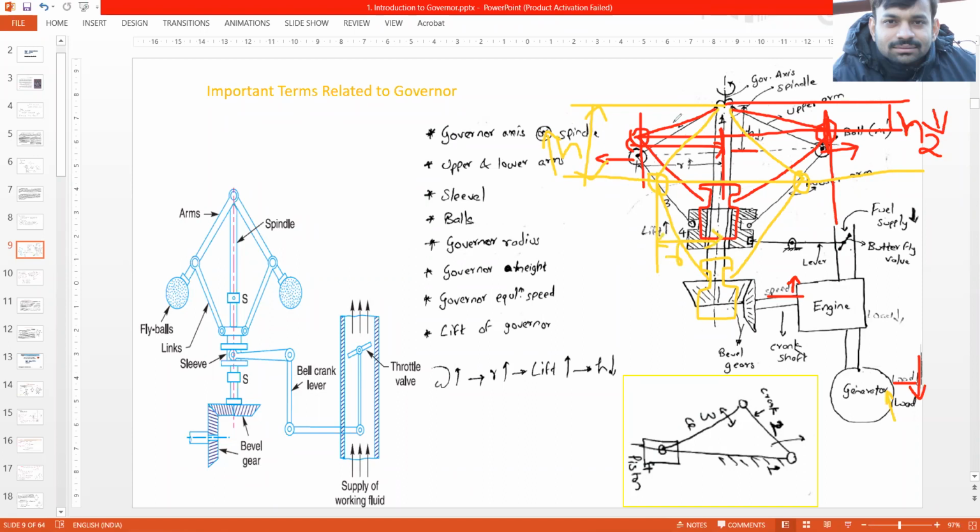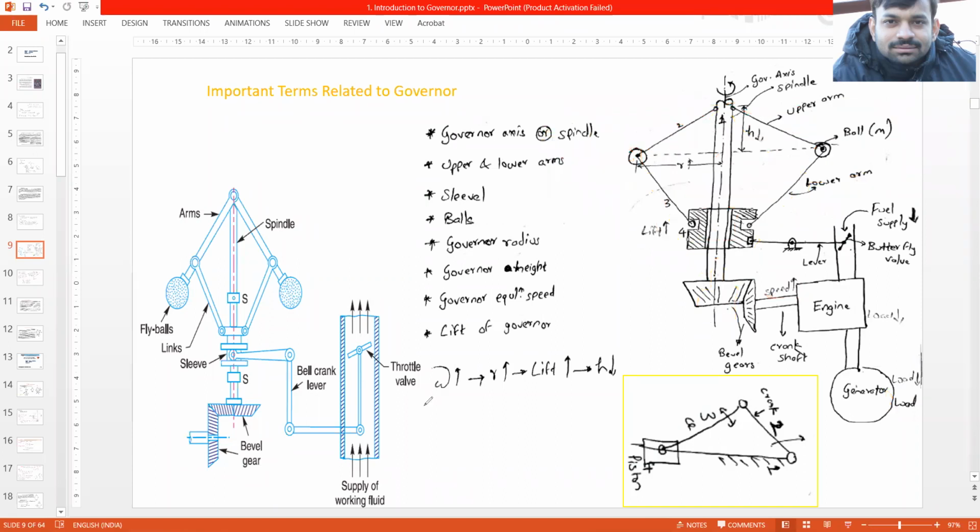Okay, so if the speed increases, what will happen? The radius will increase, the lift will increase. Okay, if it is lifting more, then the height of the governor will reduce.